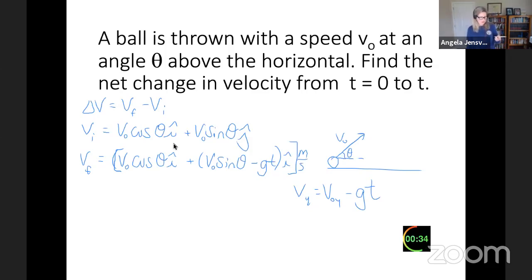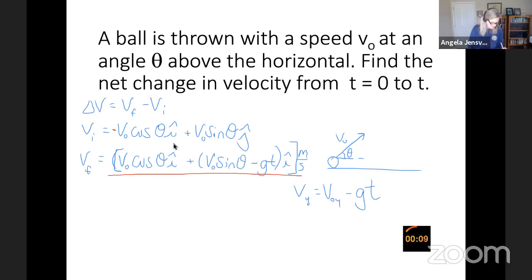So now what we need to do is subtract these two vectors. We need to take the final minus the initial, actually. So I'll put the negative here. If we take V naught cosine theta i minus V naught cosine theta i, we get nothing.